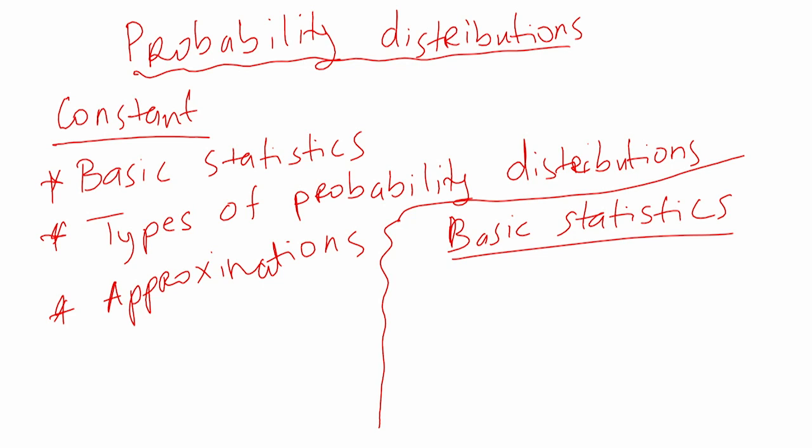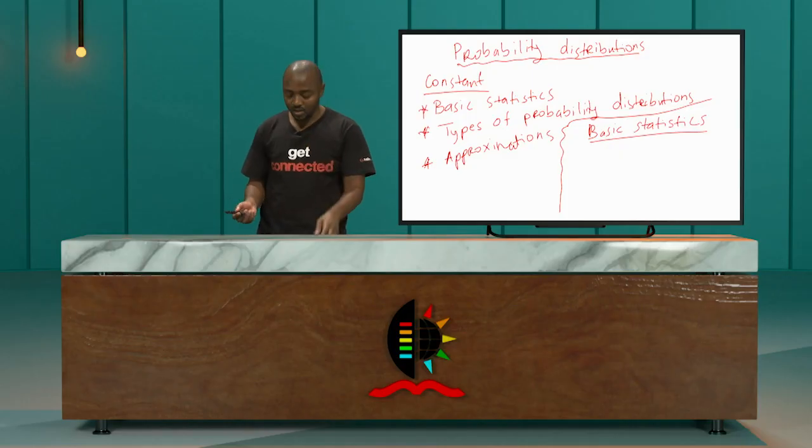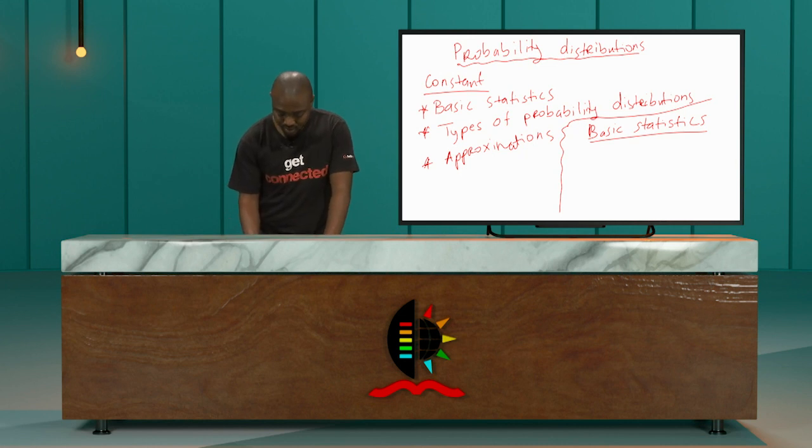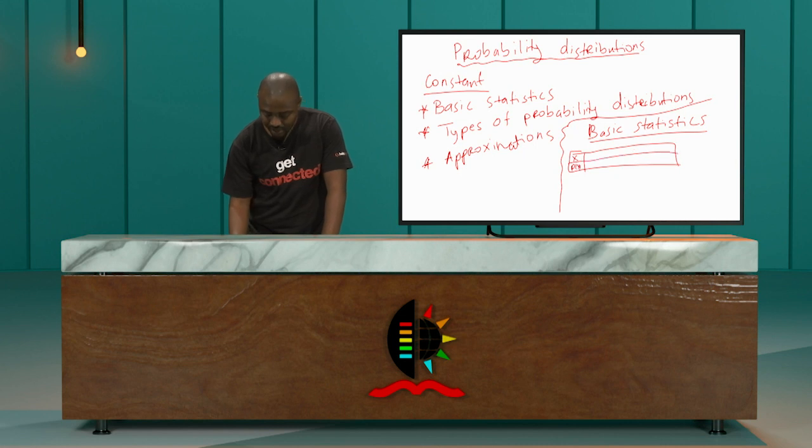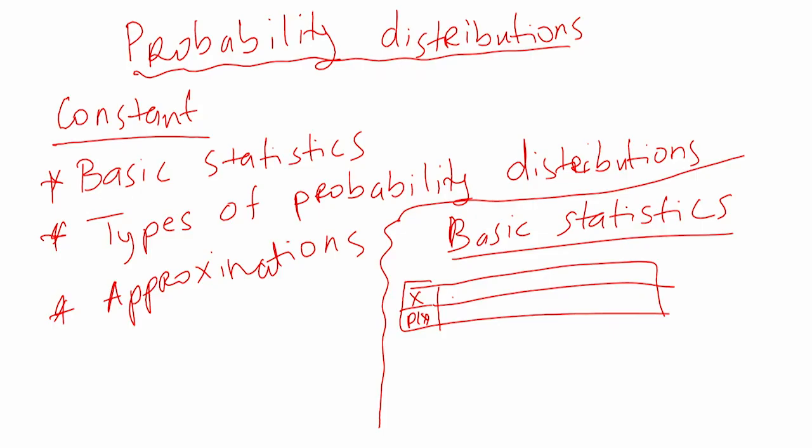Basic statistics is when you're given raw data and asked to find your average, your mean. For example, throwing a die. The probability of x: when throwing a die, you'll get a 1, a 2, a 3, a 4, a 5, or a 6.